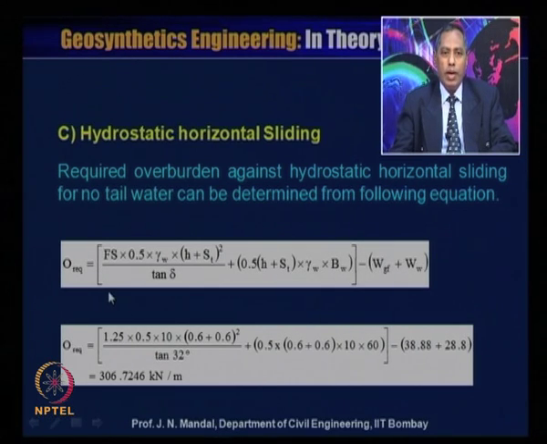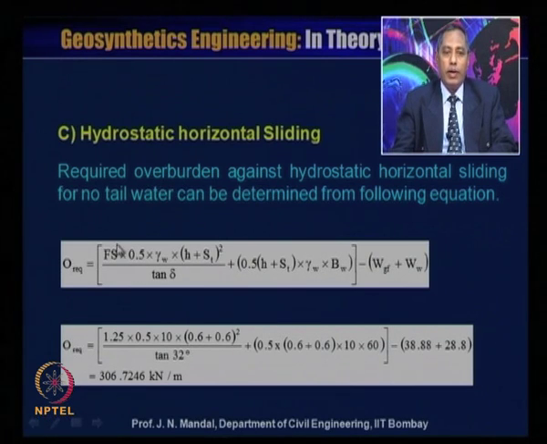That is, O required is equal to Fs, that is the factor of safety, into 0.5 gamma W into H plus ST square, divided by tan delta, where delta is equal to the friction between the soil and the EPS geofoam, plus 0.5 H plus ST into gamma W into BW minus W of GF plus W of W. You know all the terms: H, ST, gamma W, BW, WGF and WW.